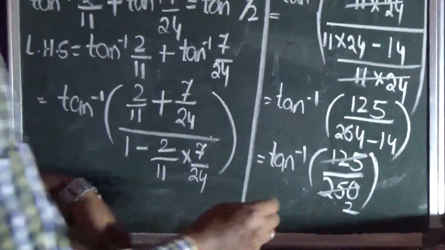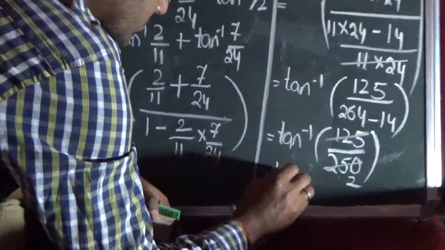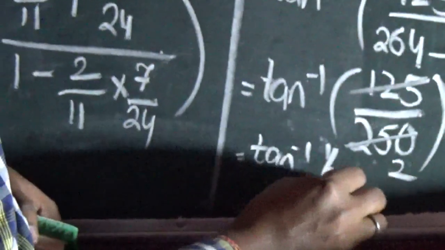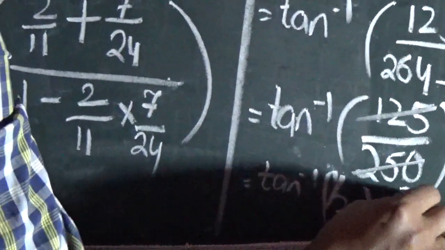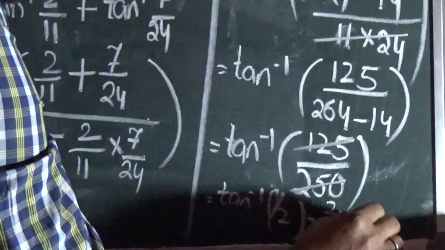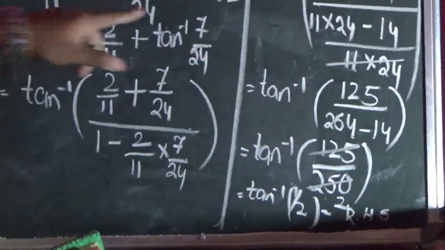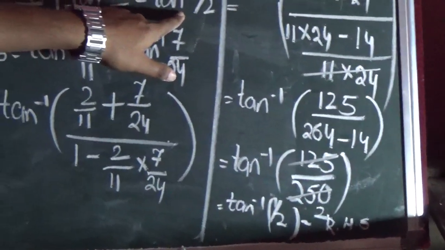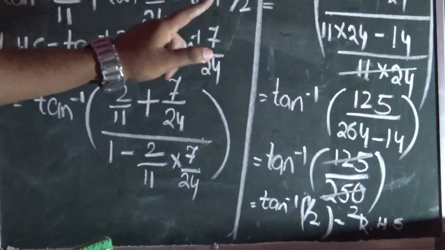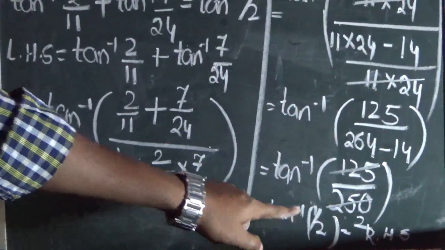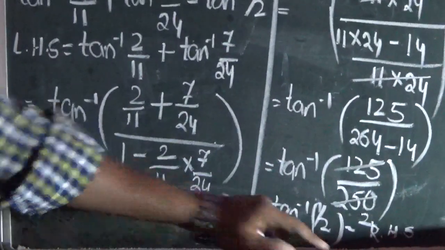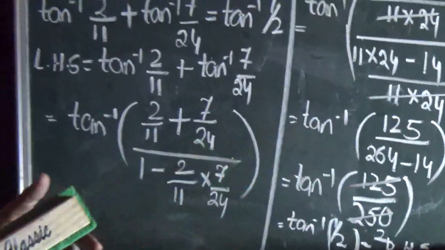So this is equal to tan inverse 1 by 2, which is our right hand side.